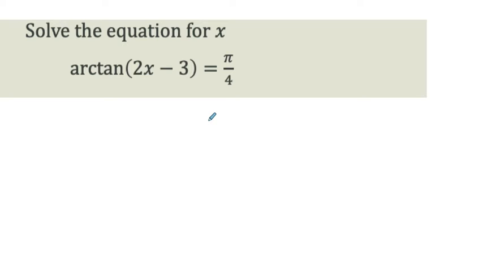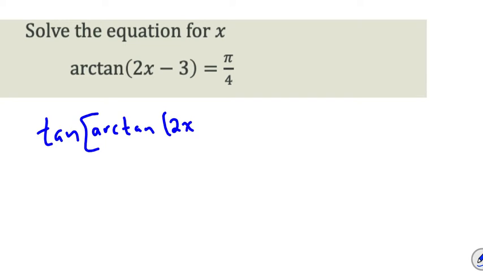So what we're going to do is take the tangent of each side. So tangent of arctan, which is the same thing as tangent inverse, you could write tan to the -1 if you want. That's not supposed to be a 13, sorry. -3.